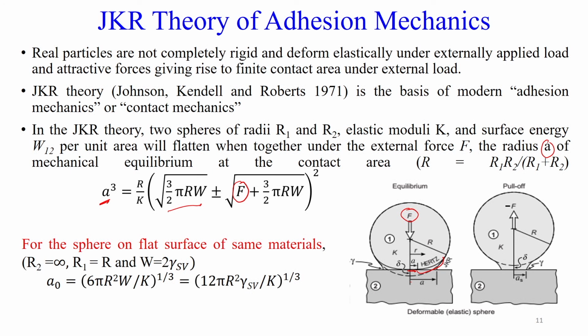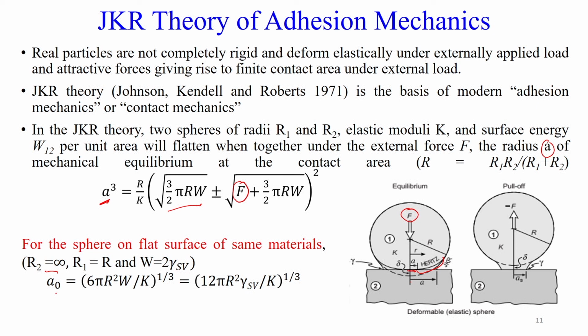Now if you want to shift this system from two spheres to a solid and a sphere, what you have to consider is that R2 is infinite, which means one sphere is considered as the flat surface. Then we can write R1 as R, and in this case the work of adhesion W will be twice gamma solid vapor.